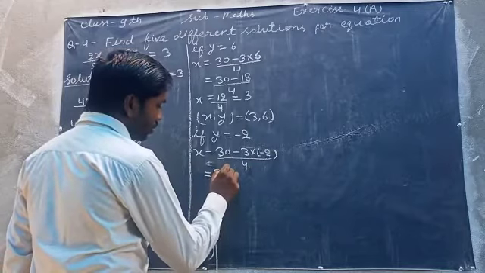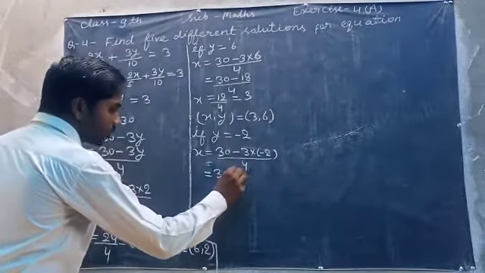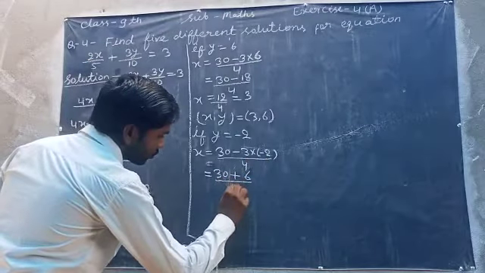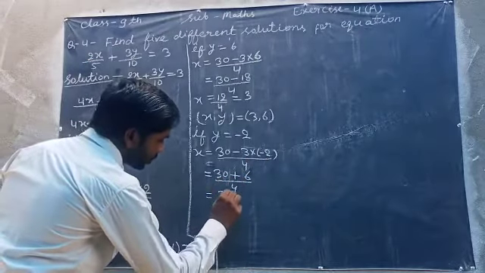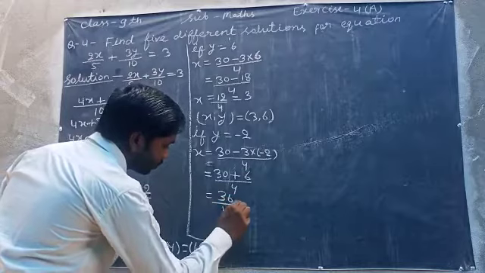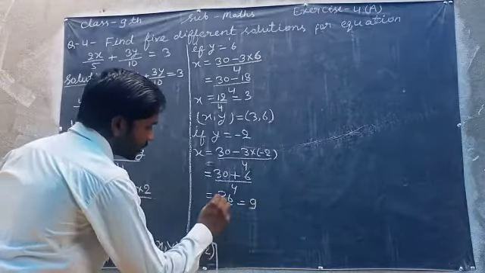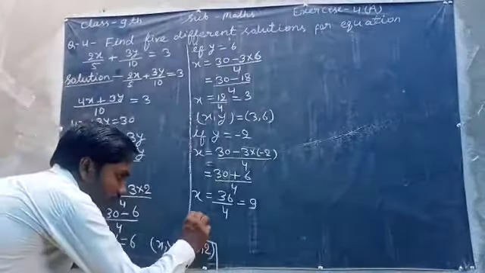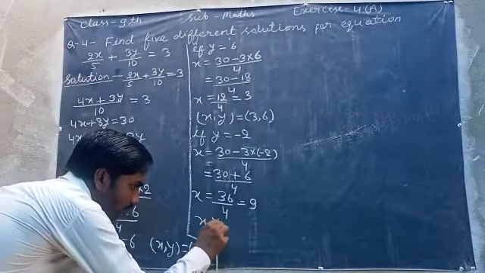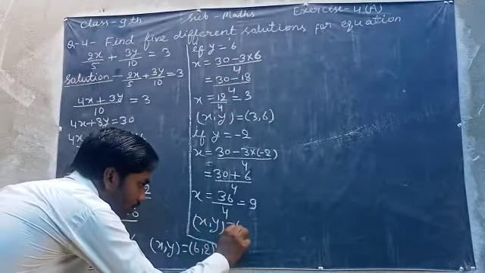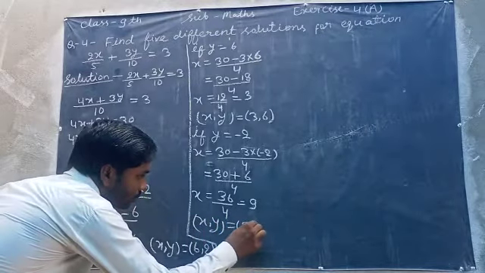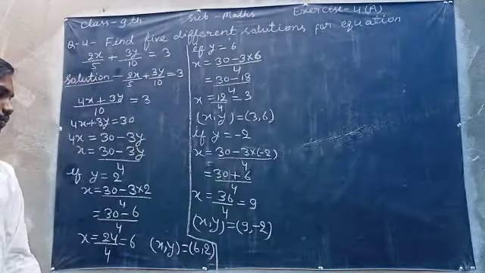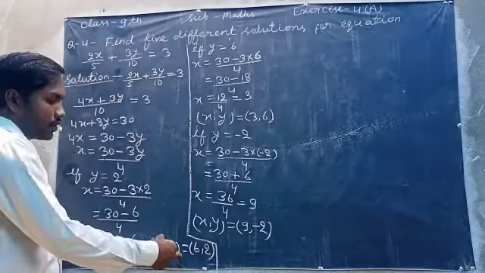So 3 twos are 6, and minus minus is plus, so it will be 36 upon 4. From here we get x is equal to 9. So in this condition our solution is (9, minus 2). So we have found 3 solutions.